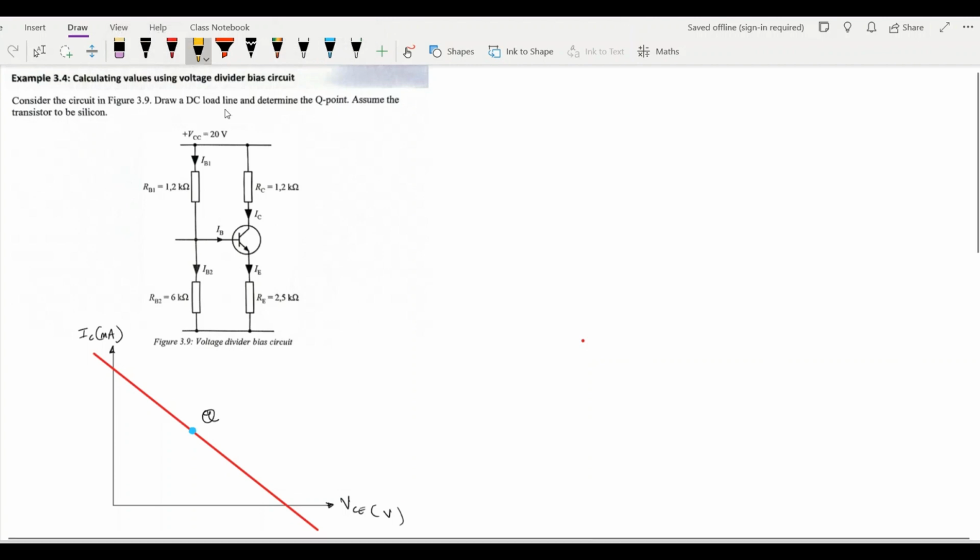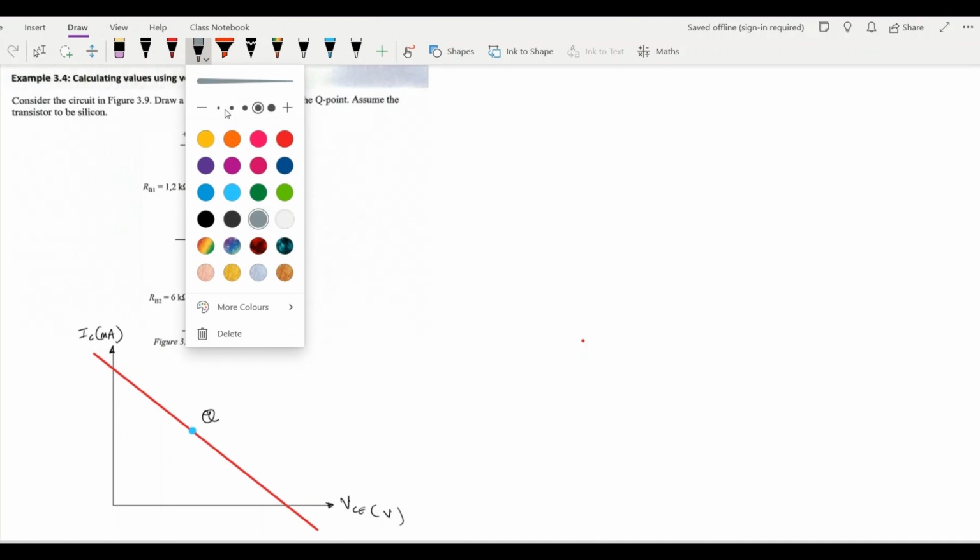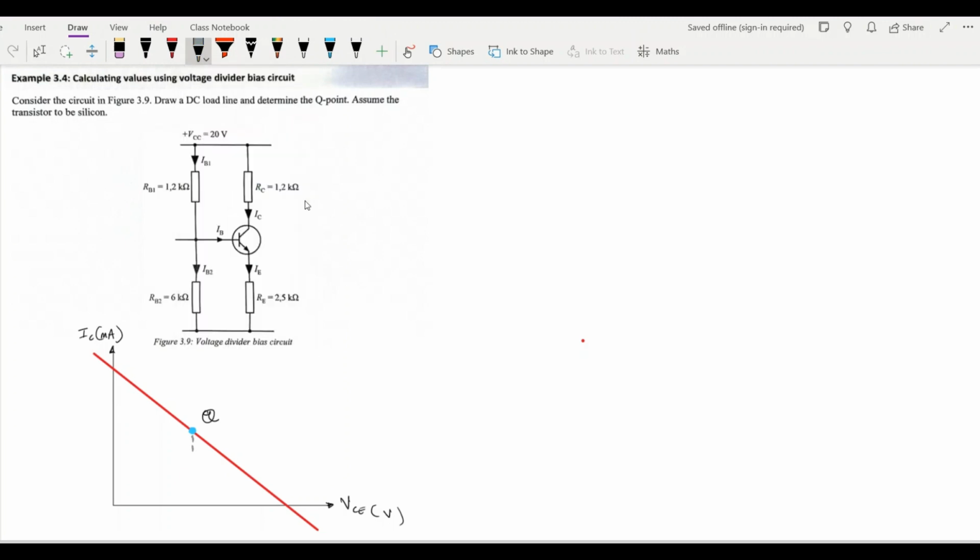If that is your Q point, then it automatically means here you will find the value of VCEQ, Q for Q point, and here you will also find the value of ICQ.